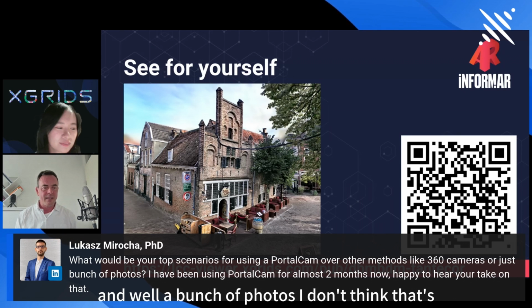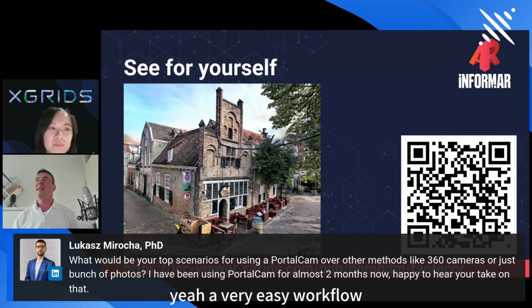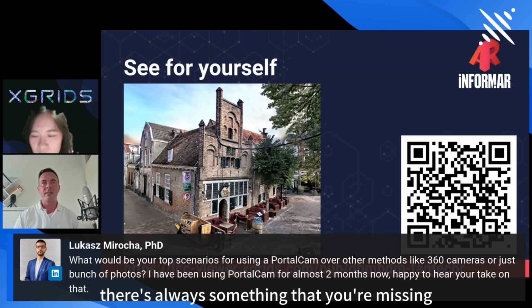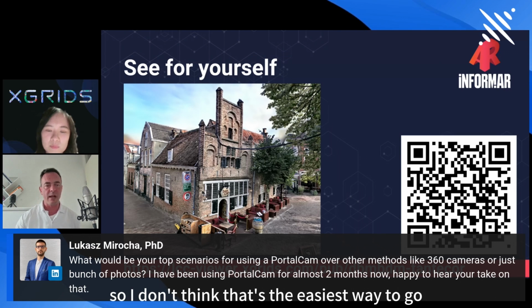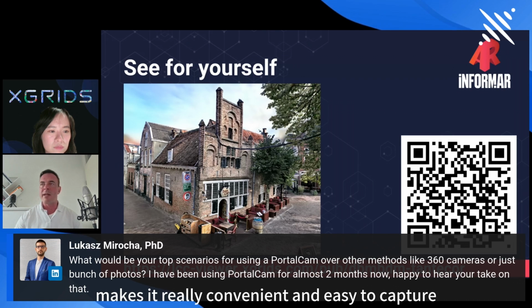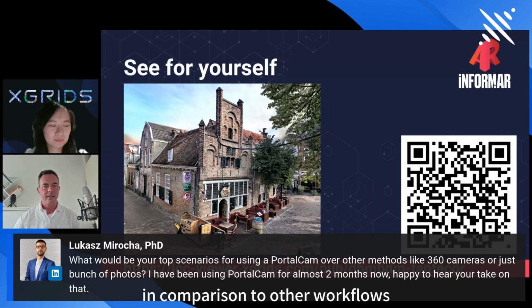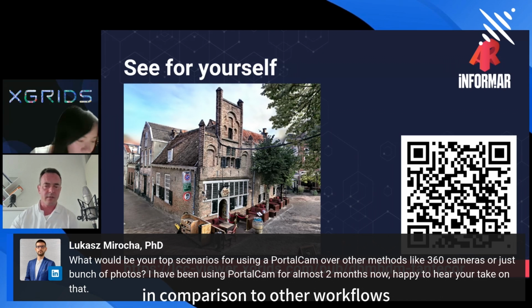Well, a bunch of photos, I don't think that's a very easy workflow. Like I said, there's always something that you're missing when you're taking separate images. So I don't think that's the easiest way to go. The PortalCam makes it really convenient and easy to capture a Gaussian splat in comparison to other workflows.